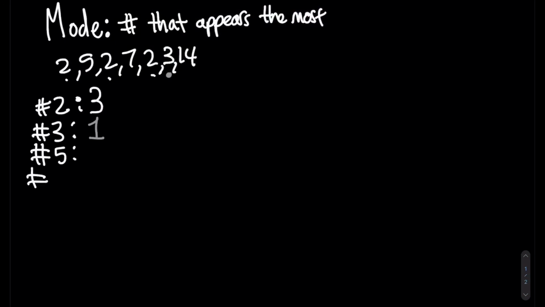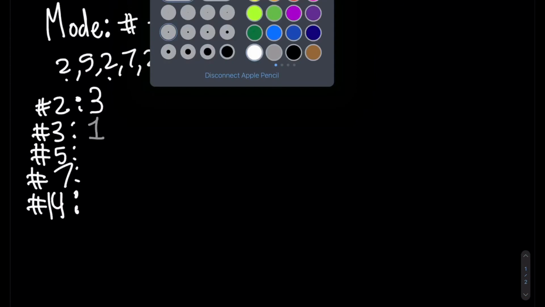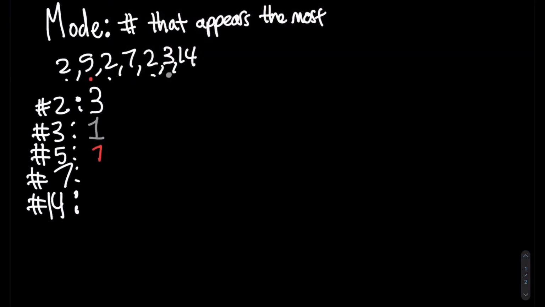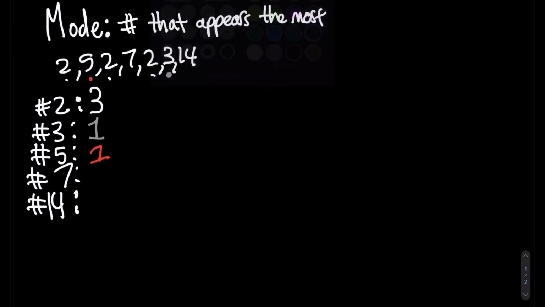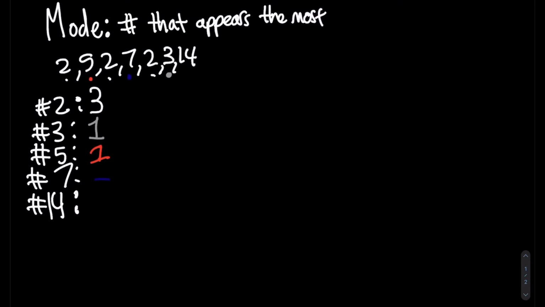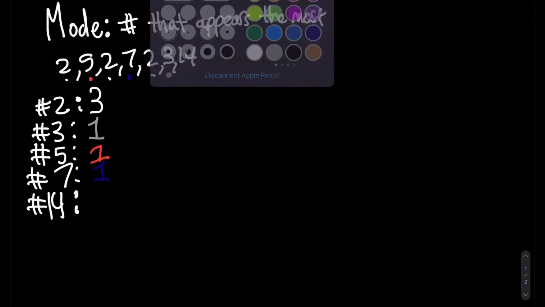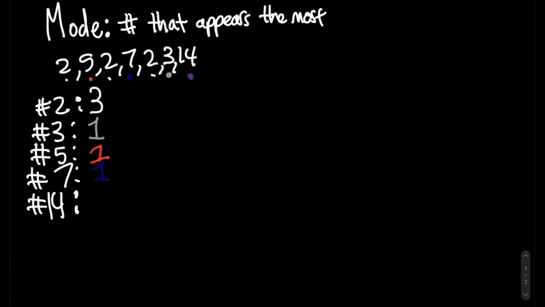We have numbers 5, 7, and 14. 5 only appears once, 7 only once, and 14 only appears once. So clearly, the number 2 appears the most. So that's going to be our mode.